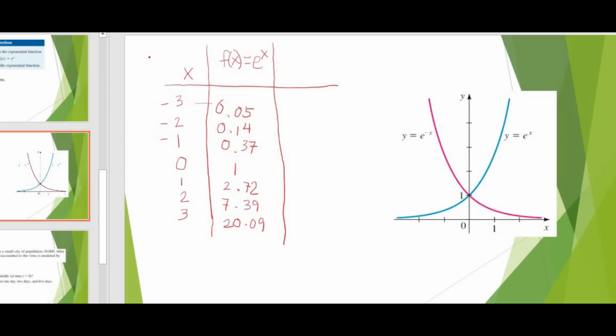Okay, so we marked such that there will be no confusion.